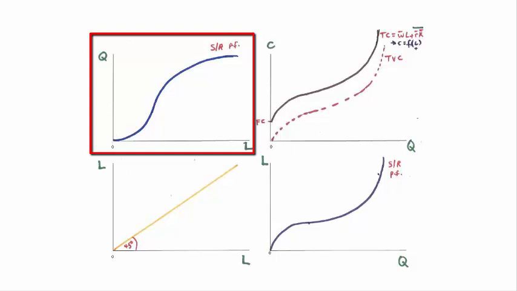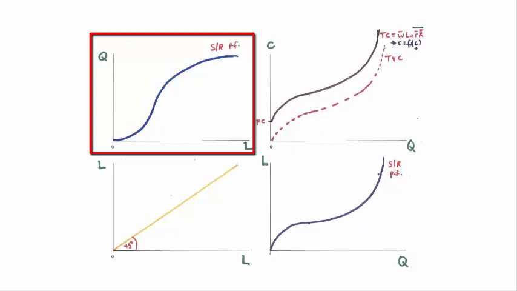in the beginning, you get increasingly better returns. In other words, each additional unit of input produces more and more output than the previous unit. There is, however, a point after which the marginal or additional contributions from additional units of input become smaller and smaller.